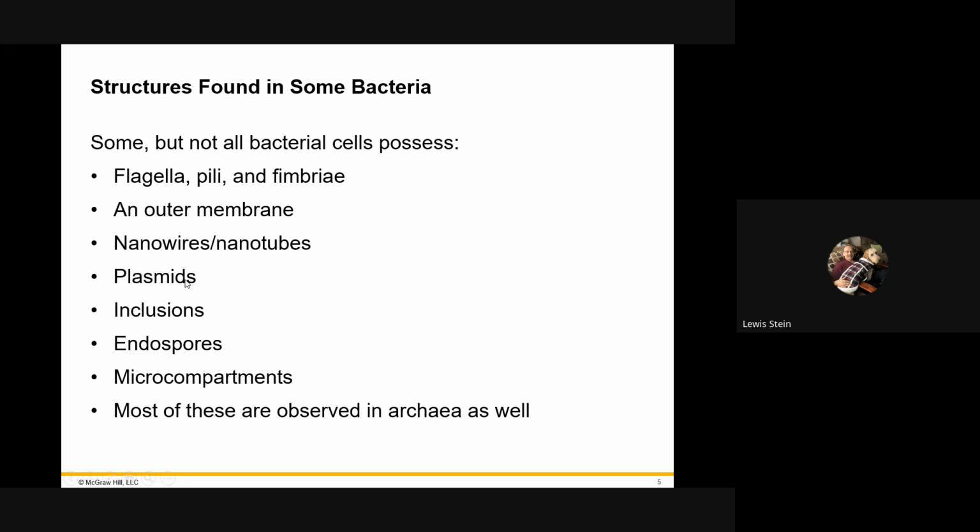The plasmid, again, is an extra little circle of DNA, with a pivotal role in how many bacteria transfer genetic material from one to another. Bacteria are very interesting because they can transfer a useful trait from one bacterium to all the bacteria in a population literally overnight.